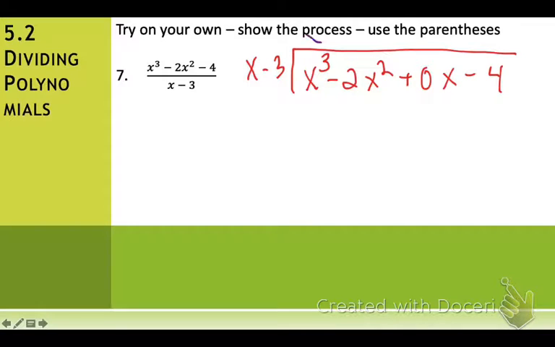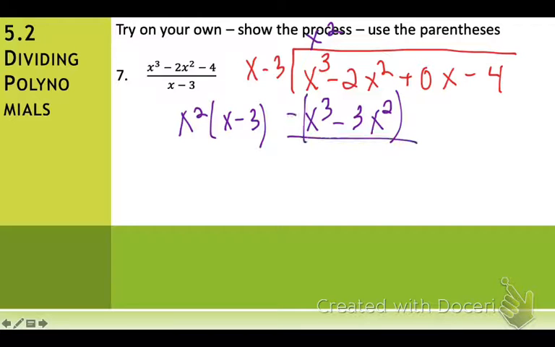Alright, so x squared times x minus 3 is going to be x cubed minus 3x squared. Subtract that, cancel. Negative 2 minus negative, that's going to be 1x squared. Bring down the plus 0x and start again. X goes into 1x squared.